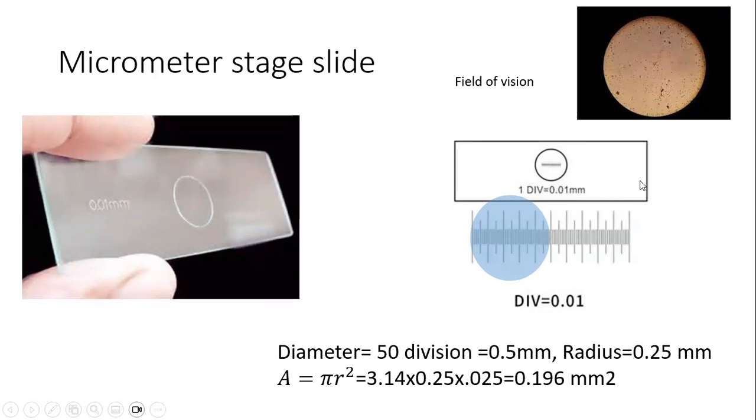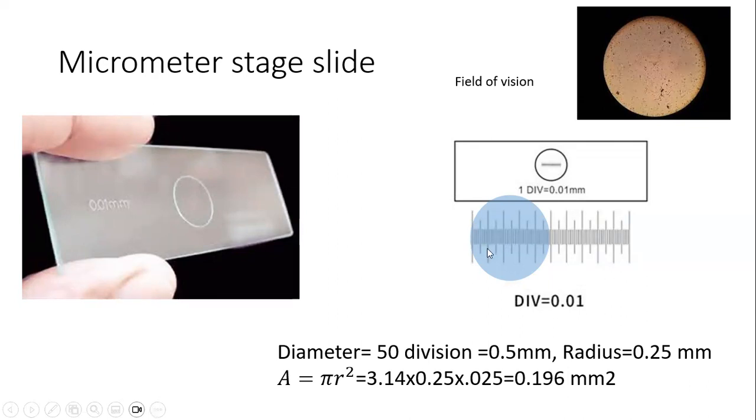Now, what we have to do is first observe the field of vision. When you observe under the microscope, you basically see a circle like this, and this circle is known as your field of vision. The first step is to find the diameter of the field of vision, for which we'll be using this micrometer stage slide. You have to adjust the micrometer stage slide along the diameter of the field of vision.